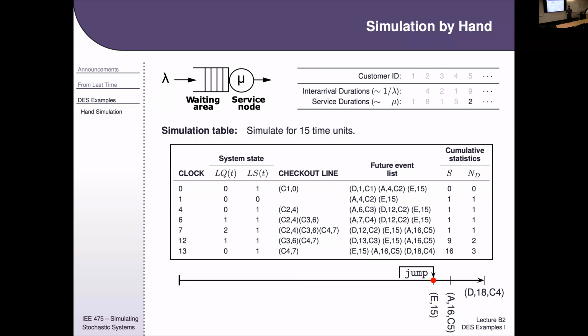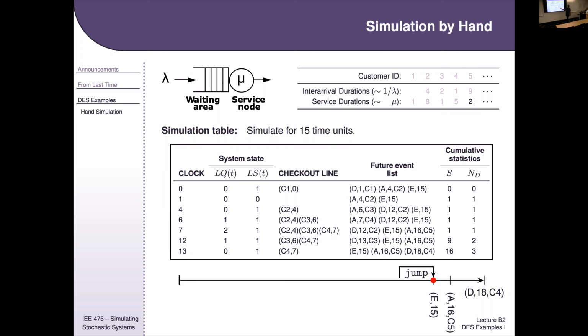Any other questions about this table? Questions online? Oh, there's a question online. For the cumulative statistics column, how did it end with 16? It ended with 16 because the last event was a departure event for customer 3, and customer 3 departed at 13, arrived at 6.